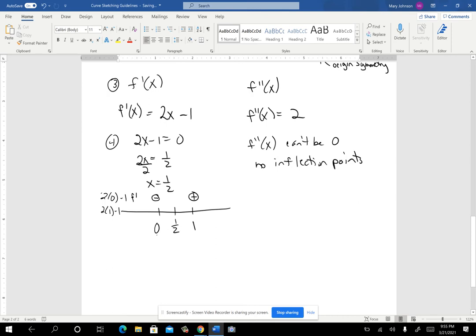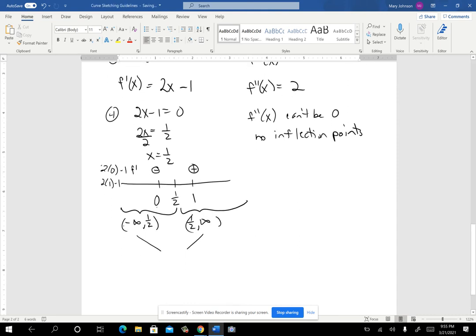What that tells us is when you're in the interval from -infinity to 1/2, and then when you're over here from 1/2 to infinity, from -infinity to 1/2, the function is going to be decreasing, not necessarily in a straight line, but it's going to be falling. And then when you're from 1/2 on, it's going to be rising.